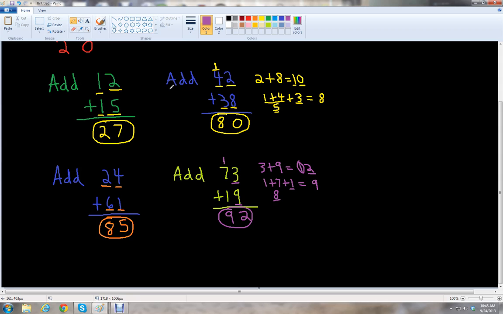But then notice in our last two examples that when we added the ones digits together, we got a number that was 10 or larger. So that means we have to write the ones digit and then carry the tens digit and then add in the tens place to get this digit. And then we did the same thing here. 3 plus 9 is 12. Write your ones digit, carry the tens digit, and then add those three tens digits together to get 92.